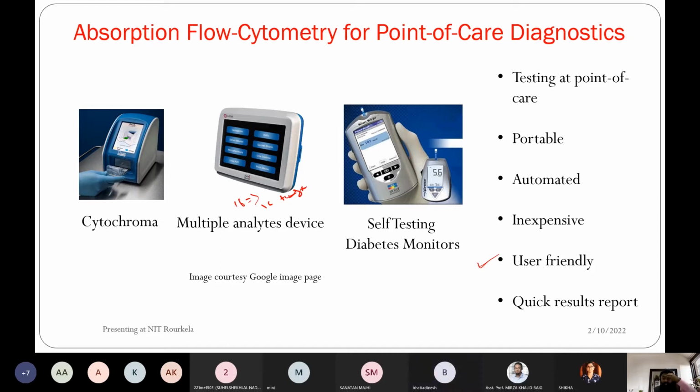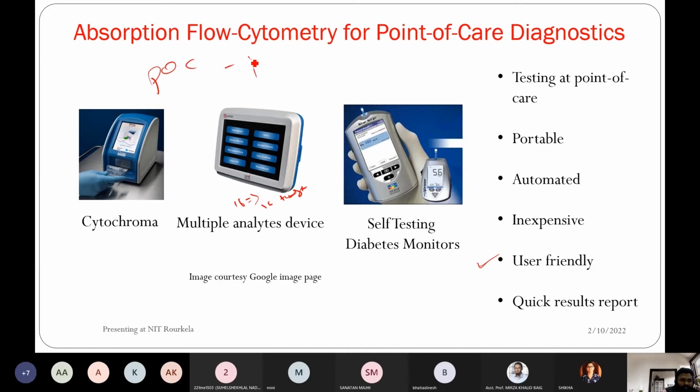So this is the reason most of the work today, even the previous session today, mostly talked about POC, right?